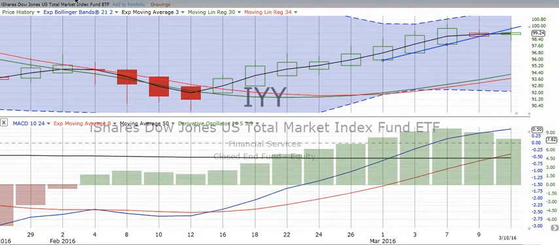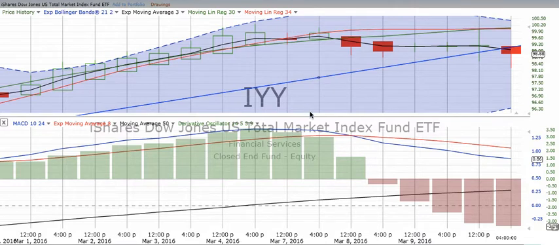Now, if we look at what happened intraday on IYY, we see that it crossed over. The charts did going down back on the afternoon of the 8th of March. And then the market really slid sideways throughout the 9th and the 10th. It slid sideways in the morning and then lots of down movement in the afternoon that it recovered.